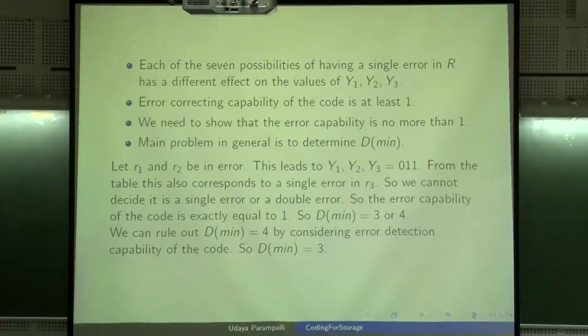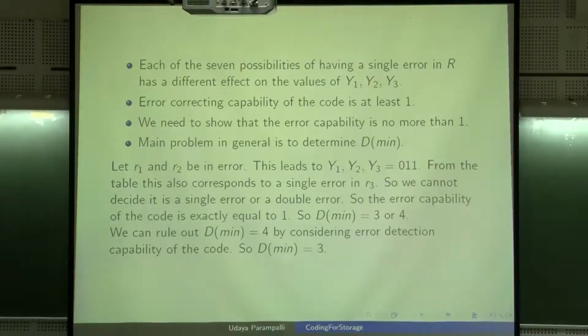Now, what does it really mean to have a 1? I am going a little ahead here, since I haven't really talked about the distance metric space yet. But sometimes if the minimum distance is either 3 or 4, you could still correct 1 error.